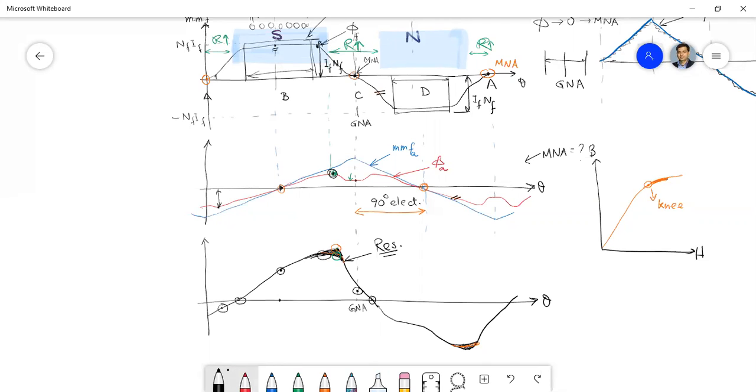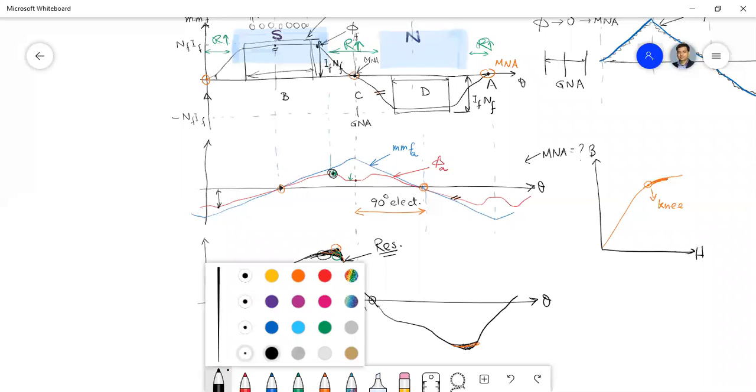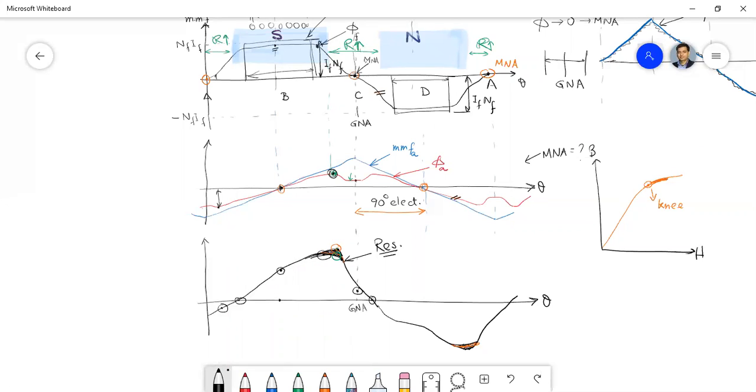If this orange point is beyond the knee point of the BH curve, then we should go by the BH curve, so we should get the point over here. We are thinking of a linear curve, but this is not a linear curve. You have to go by the saturation curve.